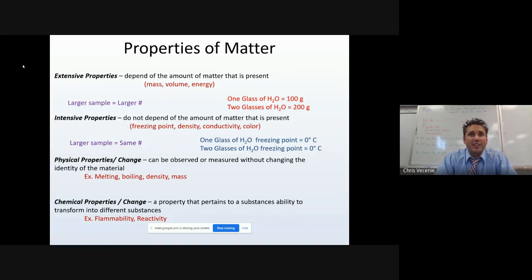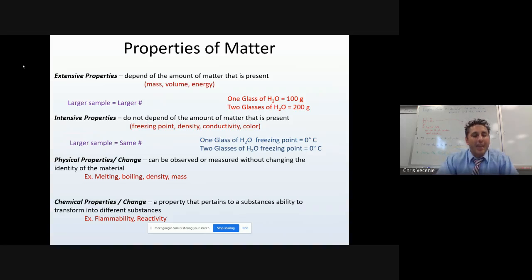These mostly describe how you look, and you can measure them and test for them without altering the identity of the sample. If we were talking about a person, physical characteristics would be something like their height, their weight, their eye color, descriptors.